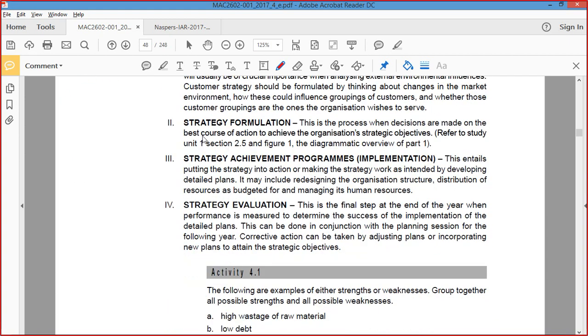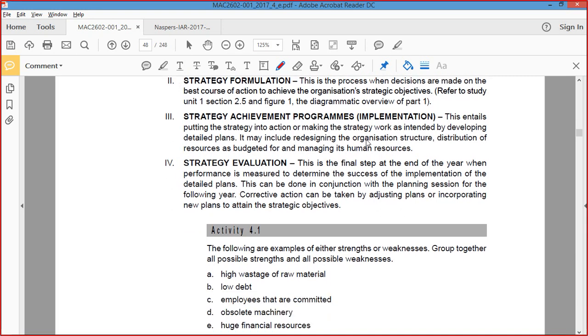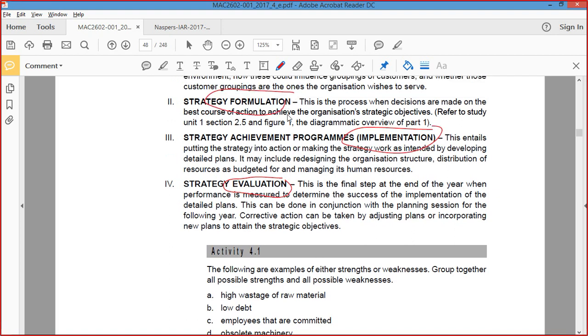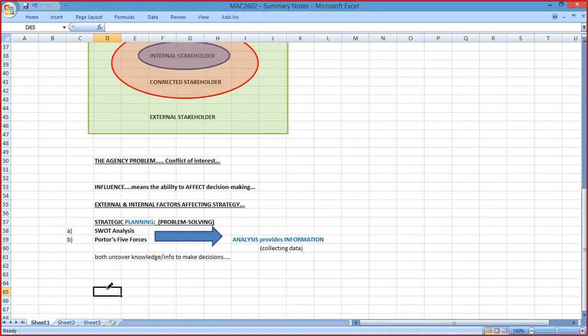Then they talk about strategic formulation. Obviously you need to create the strategy, you need to implement it, you need to check that everything is working. So evaluation. Formulate, implement, evaluate. So create, in other words, then execute/implement.